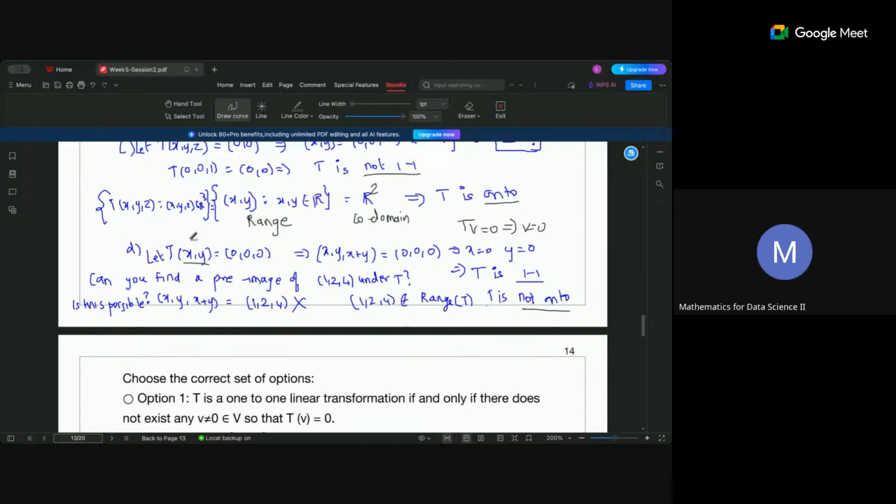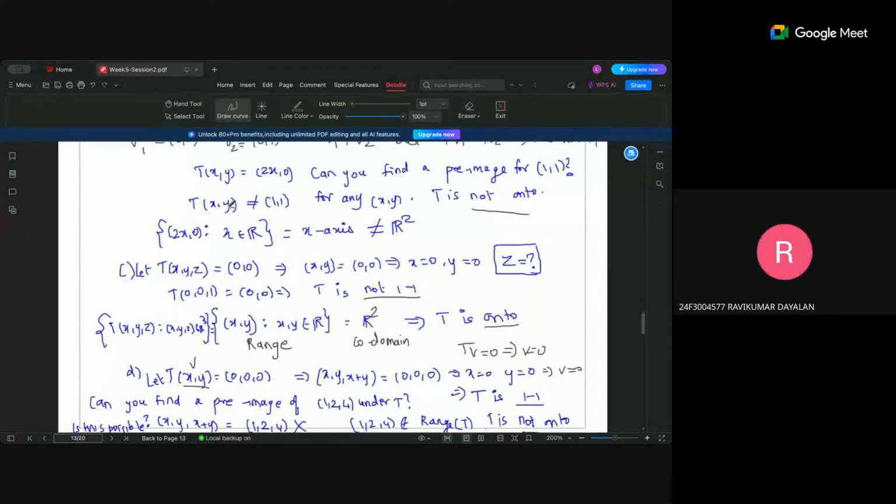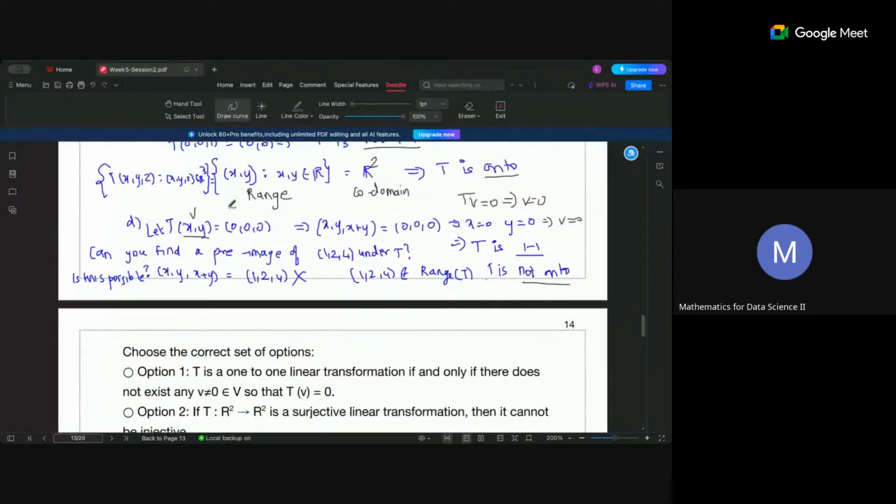This is your V. If x is equal to 0, y is equal to 0, then your V is 0. So you have proved this condition. But in the previous cases, we are not able to prove that V is 0, because we don't know anything about the third element, Z. Clear?